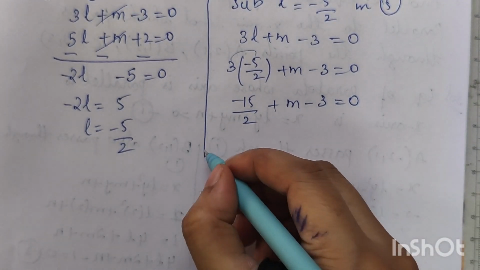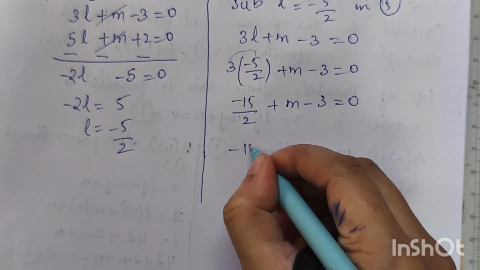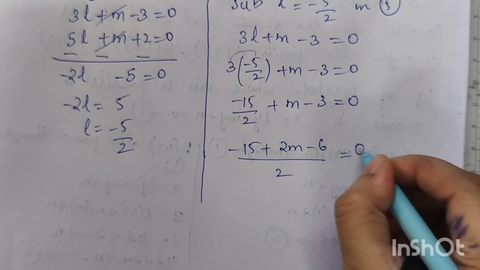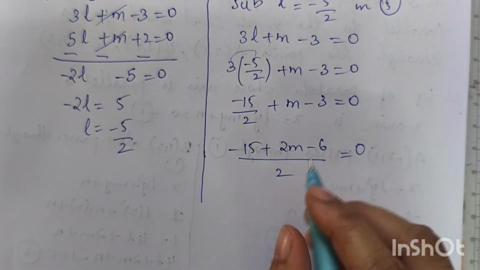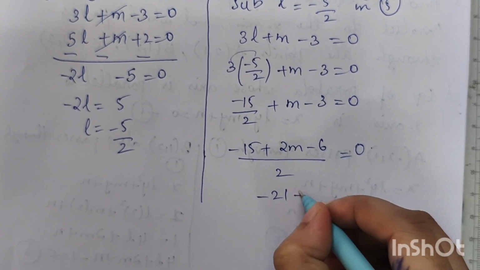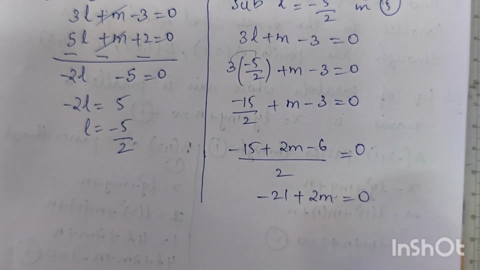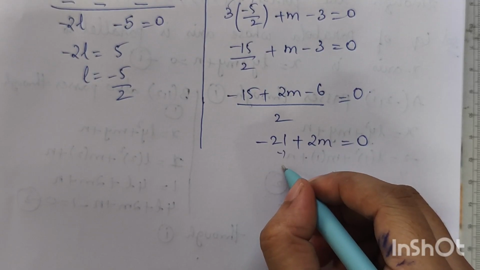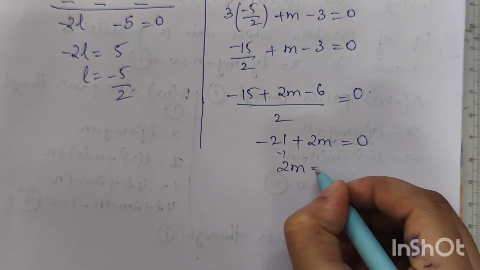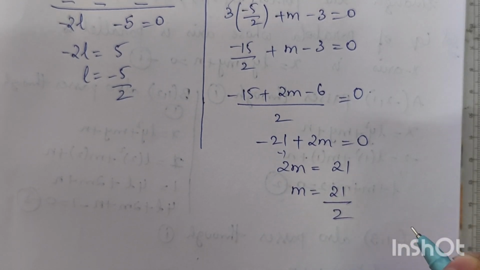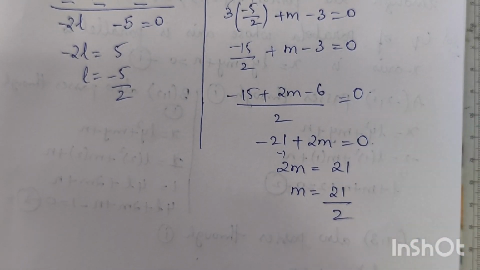Taking the LCM here, we'll get (-15 + 2m - 6) whole by 2 = 0. So 2 into 0 becomes 0. -15 - 6 is -21, + 2m = 0. Now transposing 21 to the RHS, so 2m = 21. m = 21 by 2. We got the values of l and m.